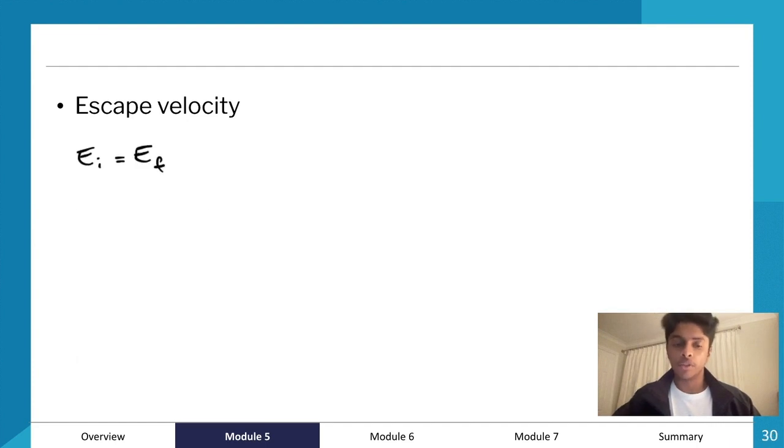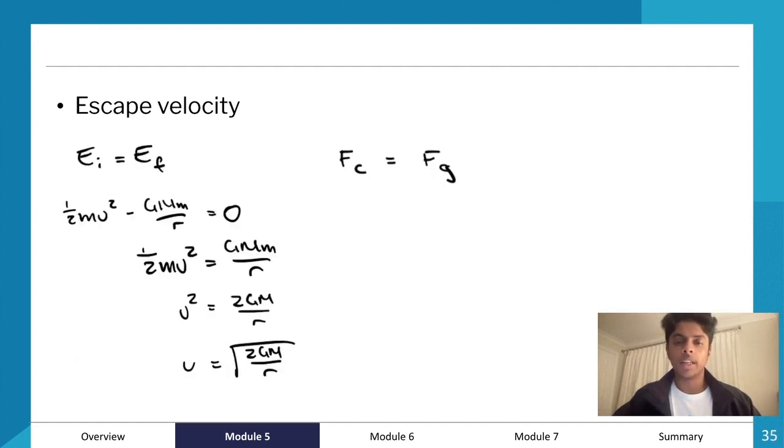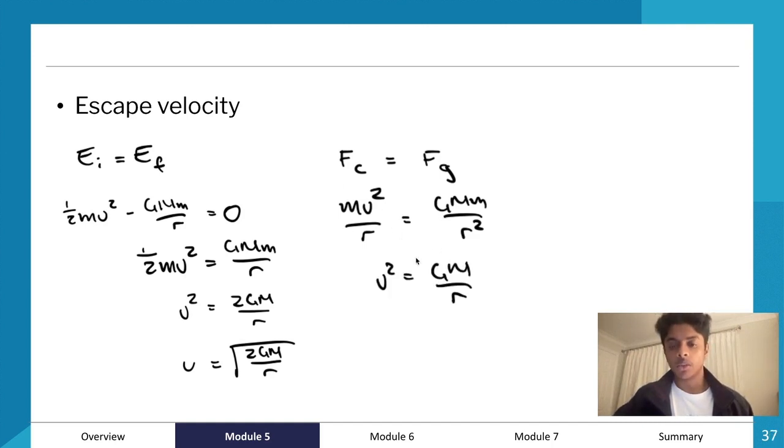So to solve orbital velocity, we let the centripetal force equal the gravitational force, as you can see over here. We have mv squared over r is equal to GMm over r squared. So v squared is equal to GM over r, and v is equal to root GM over r. So for escape velocity, v is equal to root 2GM over r, and for orbital velocity, v is equal to root GM over r.